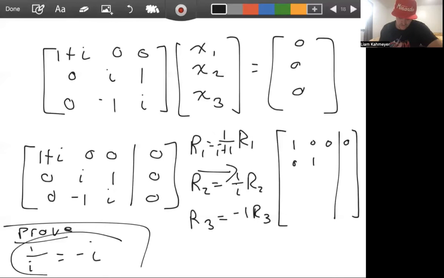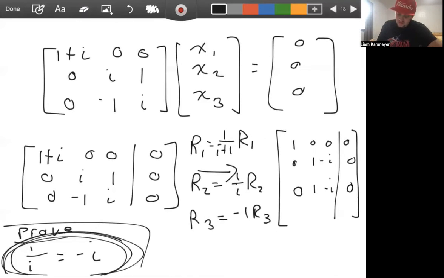That's an important and very useful relationship, and you can prove it pretty easily. How do you get rid of the complex number in the denominator? You multiply the top and bottom by i, which gives i over negative 1, which is negative i. So there, QED. So 0, 1, negative i, 0, and then 0, 1, negative i, 0. You see row 2 and row 3 are the same.